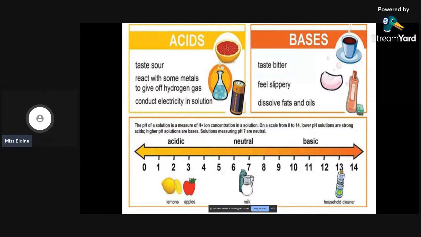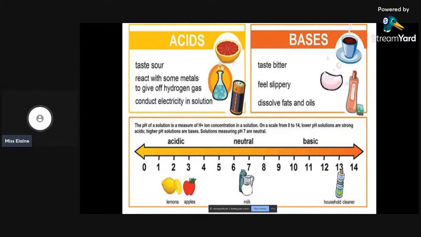So, okay, we have here what we call litmus paper. When it comes to acidity, the number is lower when we say acid, while a base has a higher number, enabling us to consider it as acidic or basic.